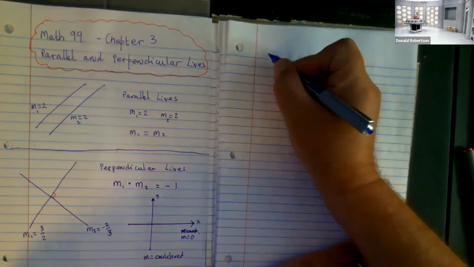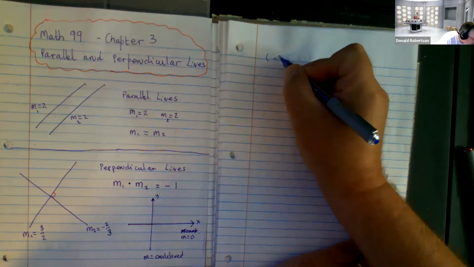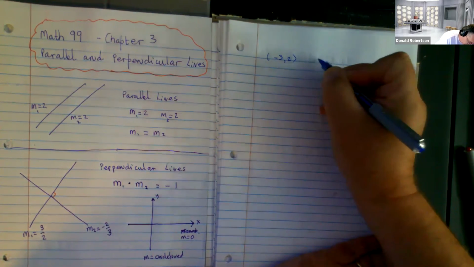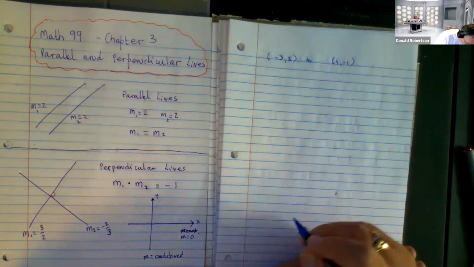So let me see if I can find a perpendicular version of that. And it didn't take long, so here's an example. The first pair of points is -3, 2 joined to the point 4, -1.